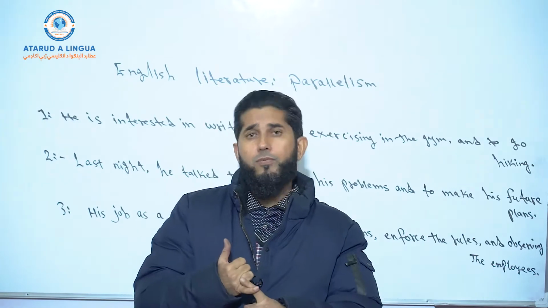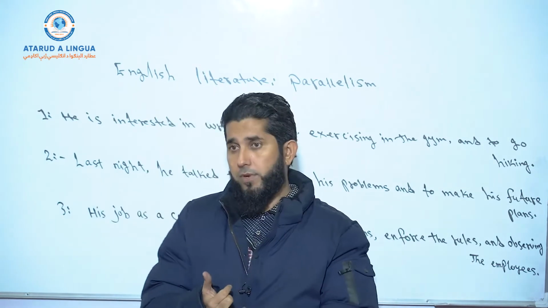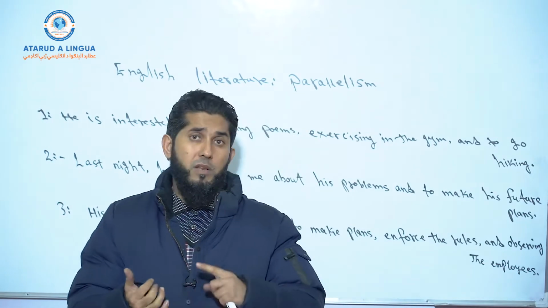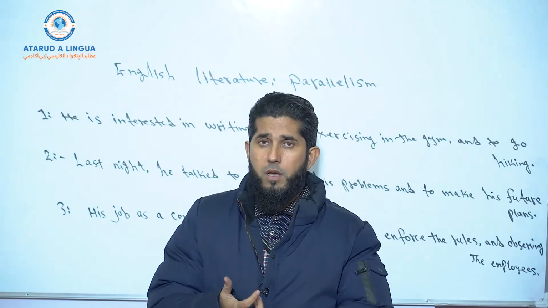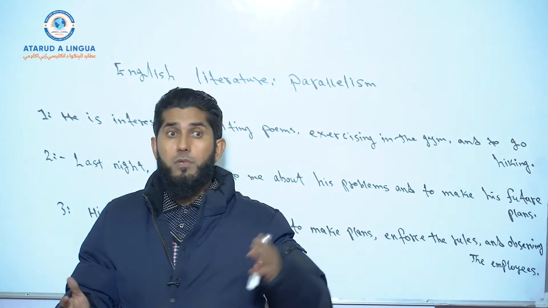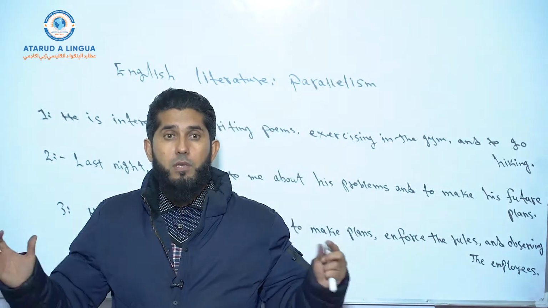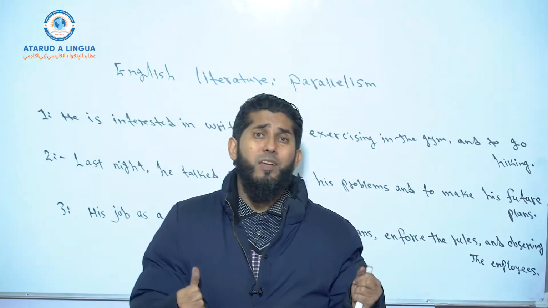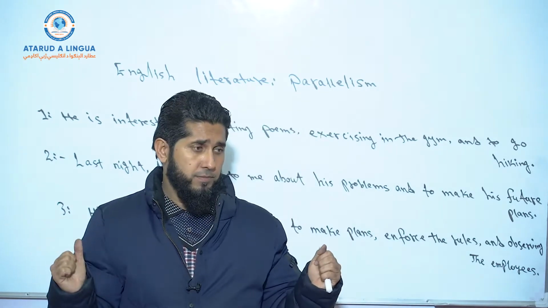A verb phrase goes with a verb phrase. A noun phrase goes with a noun phrase. An infinitive phrase goes with an infinitive phrase. A prepositional phrase goes with a prepositional phrase. A clause goes with a clause. A phrase goes with a phrase. It's not like before conjunction you have a phrase, but after conjunction you have a clause.